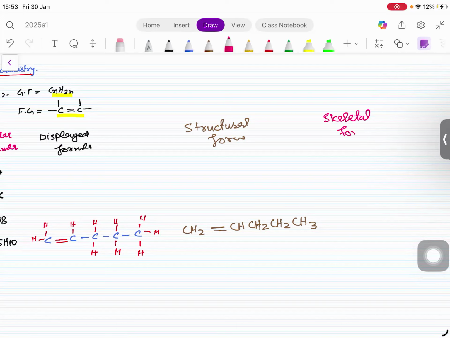The last one is the skeletal formula, okay? So skeletal formula, you have to do what? 1, 2, 3, 4, and then 5. Then put the double bond here.